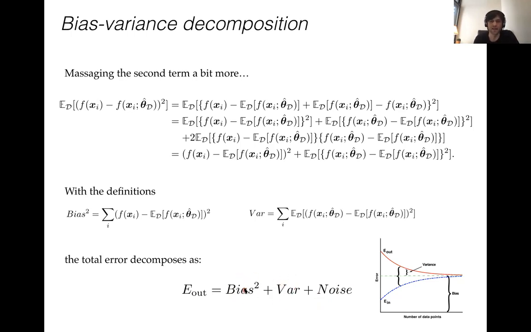And these have nice interpretations. The bias is defined by this equation. In words, what it means is you want to look at the difference between what the true world model, the world process, produces on samples, and what your average model produces.